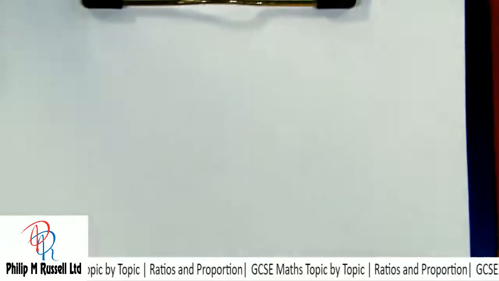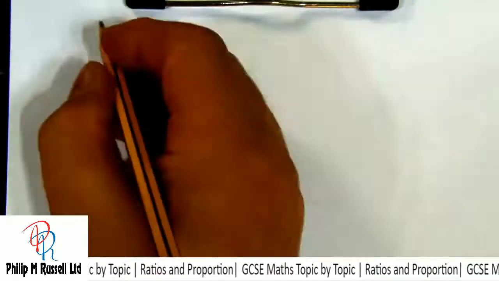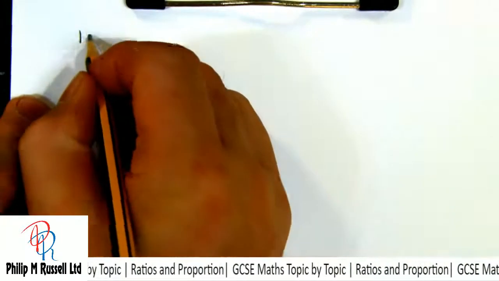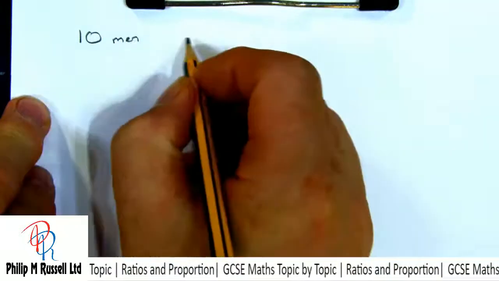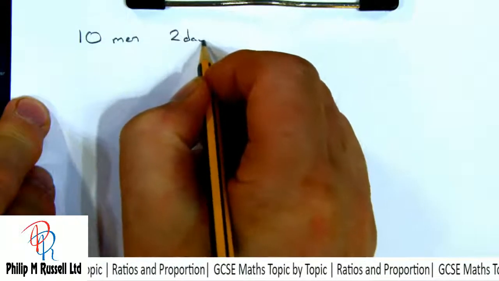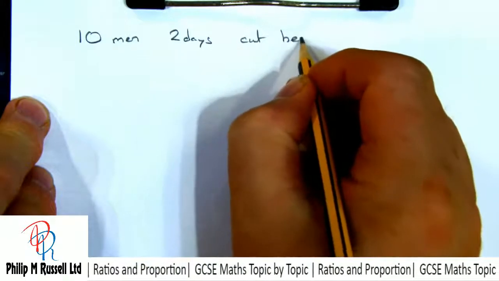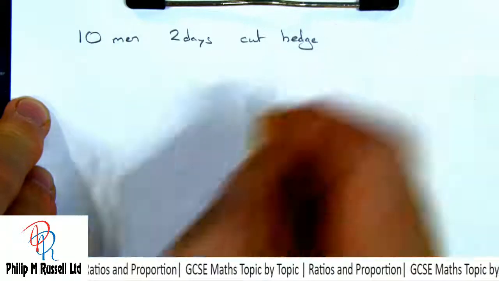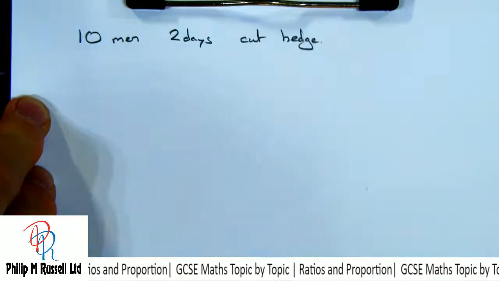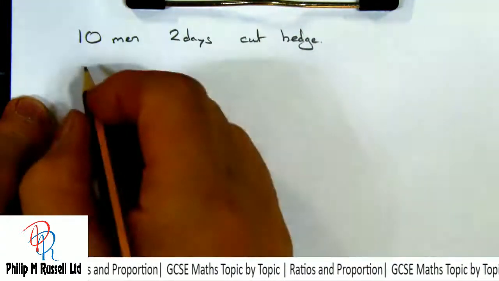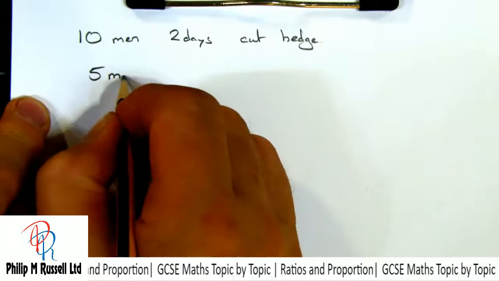If it takes perhaps 10 men 2 days to cut a hedge, then how long would it take if there were 5 men?